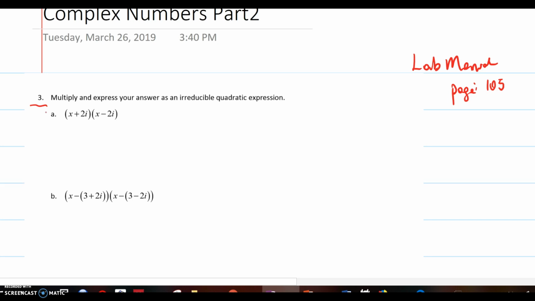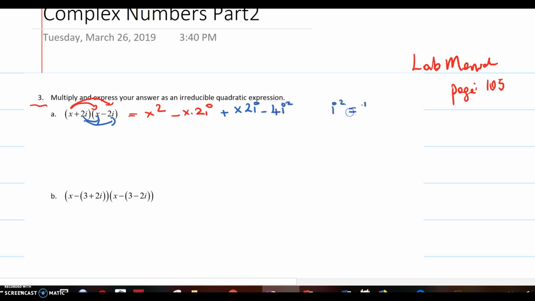Okay, so here we can try the longer way, which is distribute: x times x is x squared, x times negative 2i, that will be negative x times 2i, and then 2i times x, or x times 2i, plus 4i squared. 2 times 2 is 4, well actually negative 4i squared.